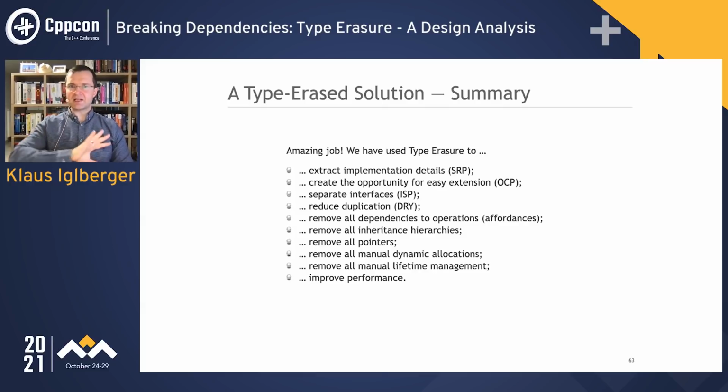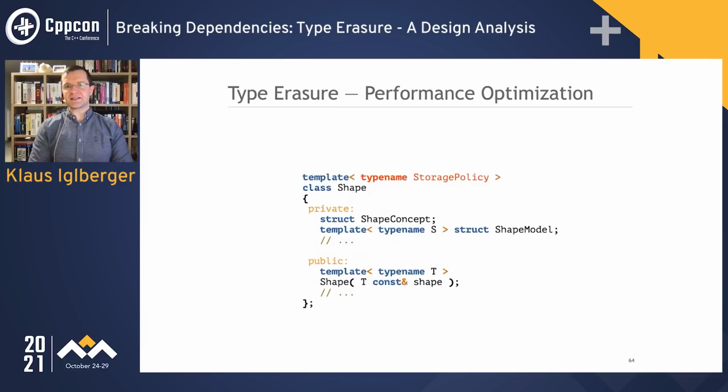Now, this is exactly where I refer you to all the other talks, because indeed there is many, many talks. Talks that, for instance, explain that you could easily add some kind of storage policy. How should I allocate the things inside? Should I use new? Should I have a small buffer that stores things? There is plenty of optimization opportunity.